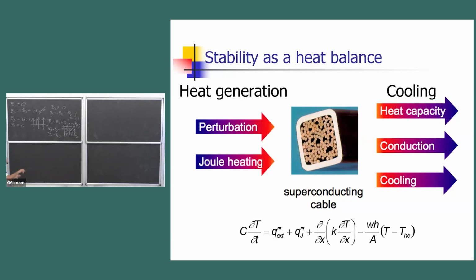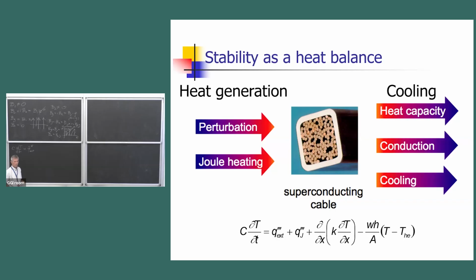So the equation at the bottom is nothing else but a 1D heat conduction, where I have a heat accumulation term, volumetric heat capacity times the rate of change of superconductor temperature. That's equal to the generation terms. So the external heat, which I called Q dot triple prime, so watts per cubic meter from the external environment. That's the spectrum we were talking about.